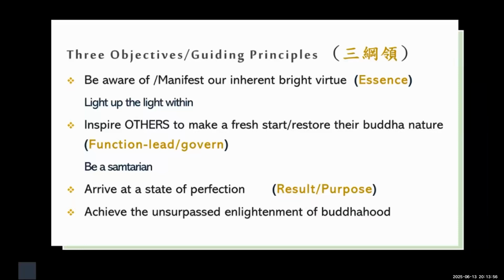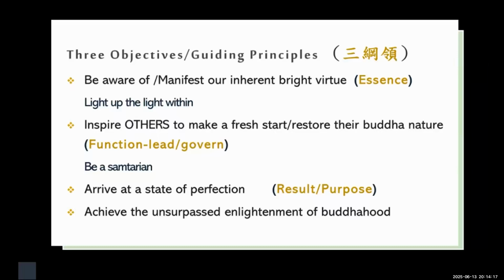Okay, but again, arriving at a state of perfection is actually a continuous and ongoing process. Unless we really reach Anuttara Samyak Sambodhi, the perfect enlightenment, every day we are still learning to be better.